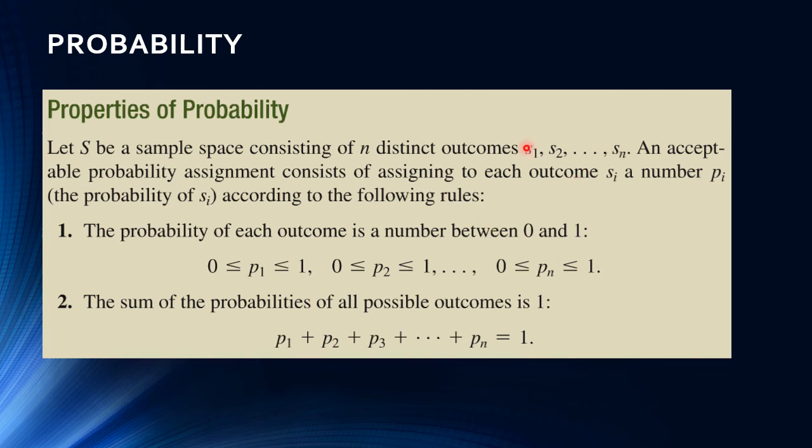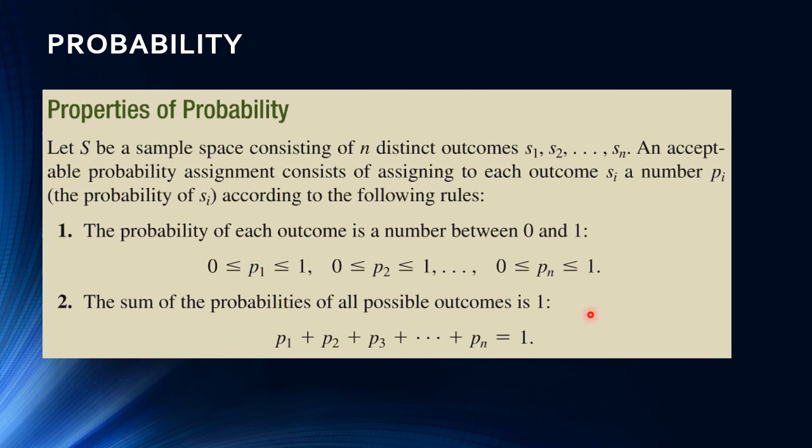However, when we think about all of the outcomes that are in the sample space, then all of the probabilities for each of those outcomes has to add up to 1. Now, what is this saying? It's saying that if we look at rolling a fair die again, and there's numbers 1 through 6, the probability of rolling a 1 plus the probability of rolling a 2 plus the probability of rolling a 3, of a 4, of a 5, of a 6, all of those together have to add up to 1.